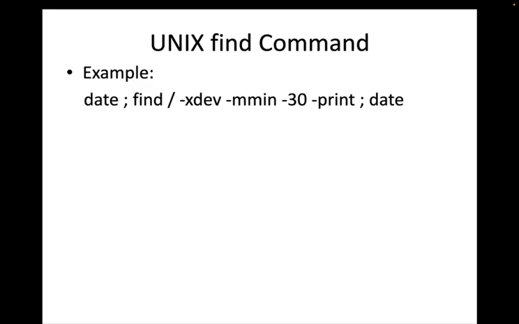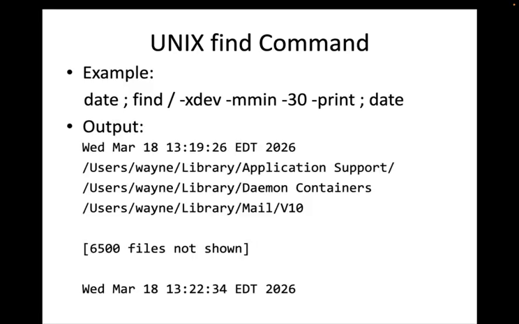So what this command does is it finds all the files that have changed within the last 30 minutes. And I still got a lot, but not as many. When I ran this on my laptop, I got about 6,500 files that came out. And it took about 3 minutes to issue that command.